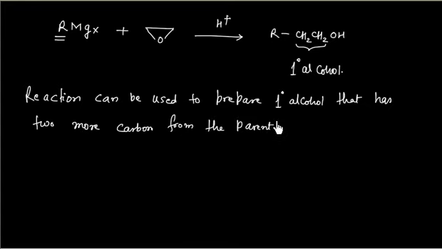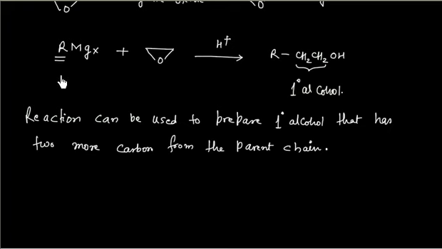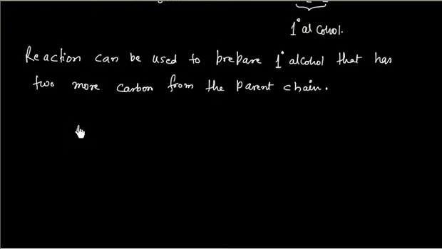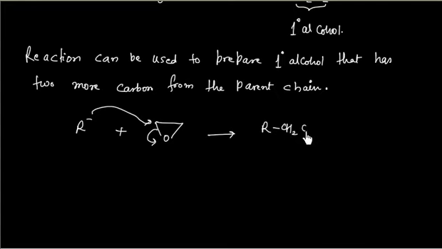We can discuss the mechanism. Mechanism is very similar. R minus will act as a nucleophile. So we have R minus and we have ethylene oxide. This R minus can attack on this carbon. This opens up. So we'll have RCH2CH2 minus O minus.